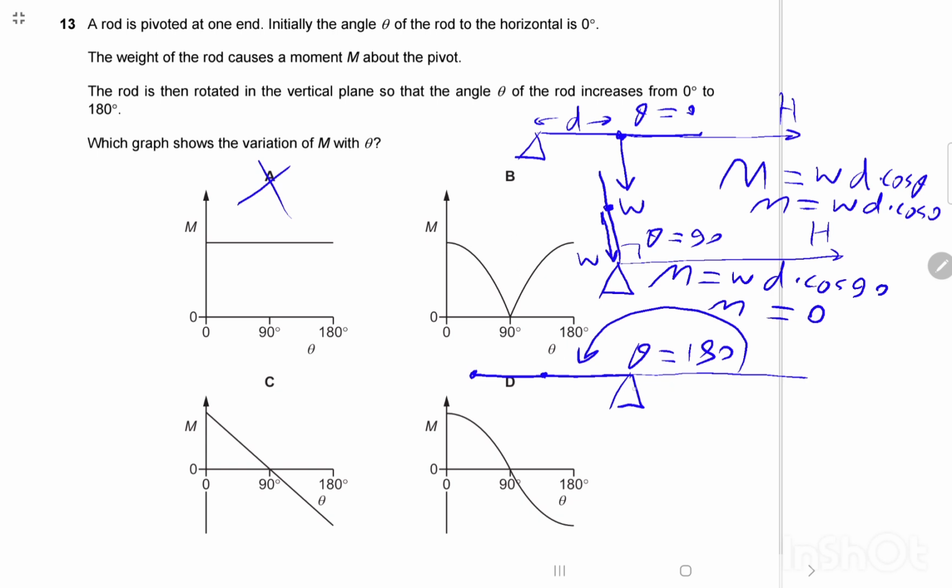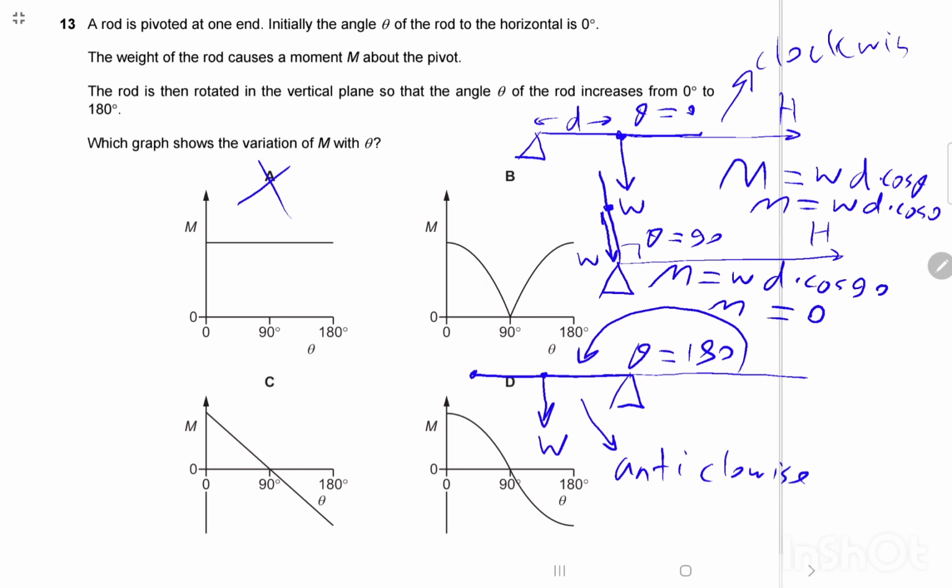And in the last diagram here, the moment is acting in the opposite direction, because initially the moment here is clockwise. In this diagram the moment is clockwise. Here the moment has become anti-clockwise, which means in the opposite direction.